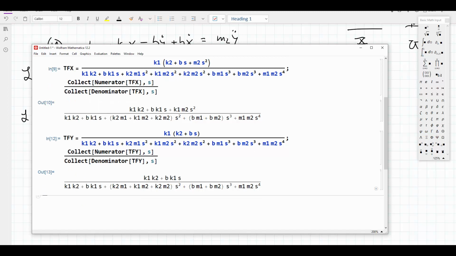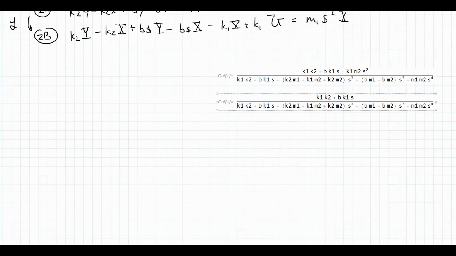It's going to make it easier to write out because I've collected my coefficients. I've copied out the Mathematica output so that I can handwrite in the standard form my two transfer functions. So I have my x over u is going to be the top one that I copied out. Remember, I want descending powers of s.